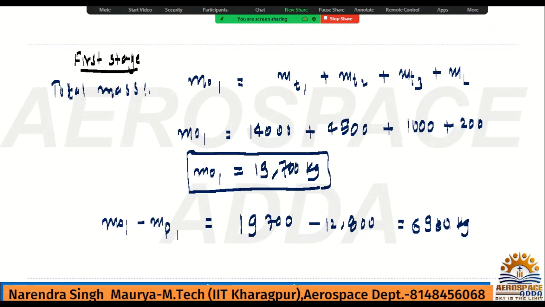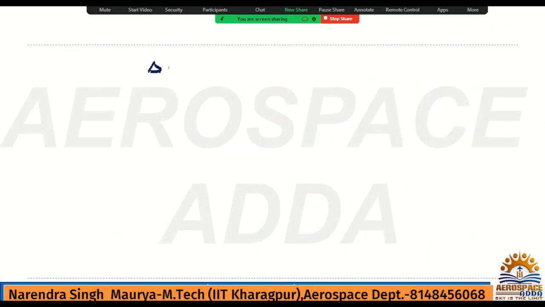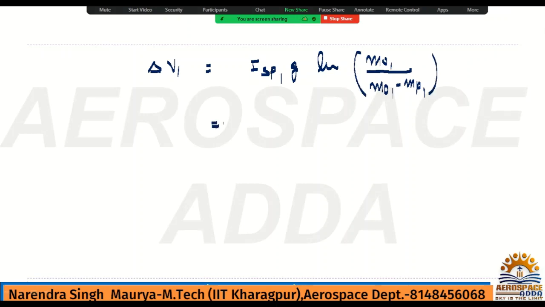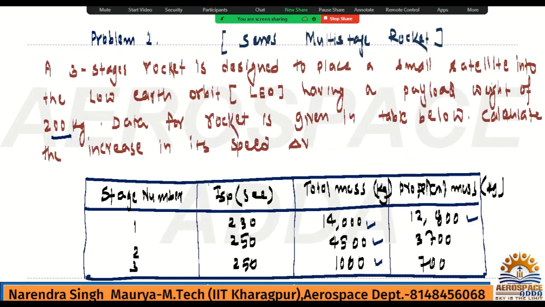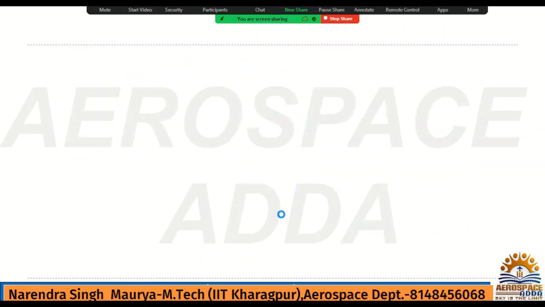Okay, what is delta v1 now? Delta v1 is nothing but Isp1 g ln of m01 over m01 minus mp1. Isp1, if you check, they have given Isp1. This is 230.